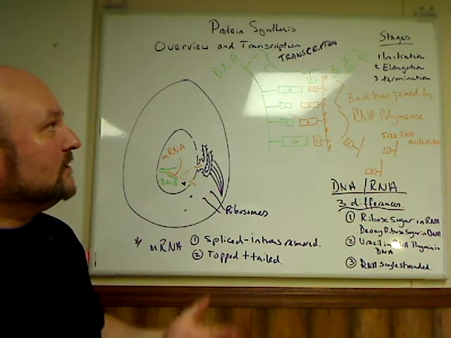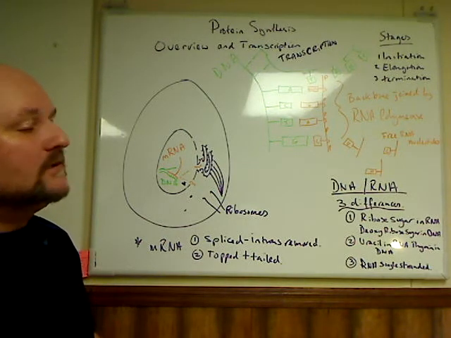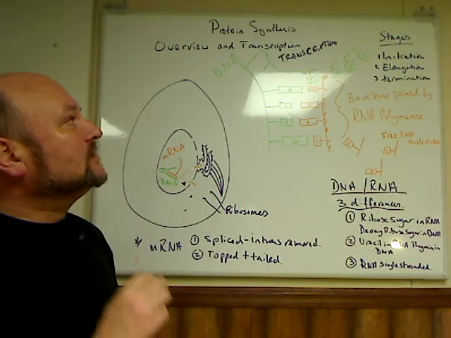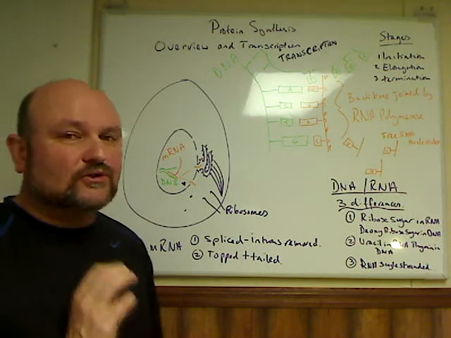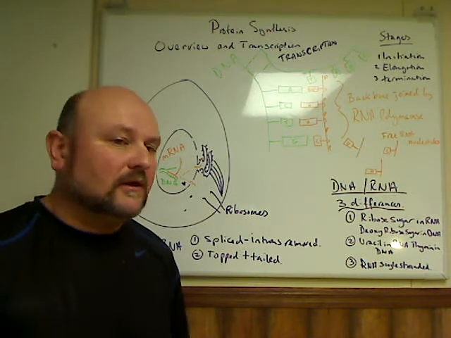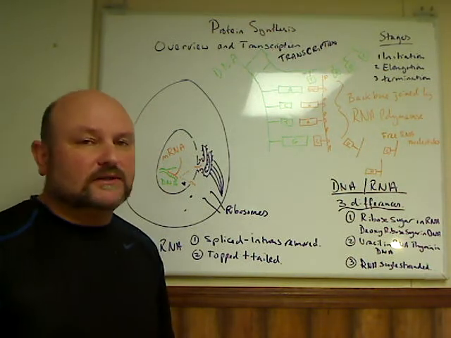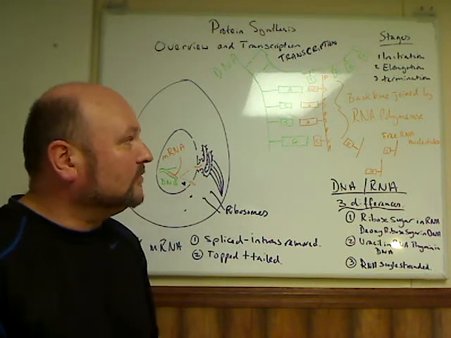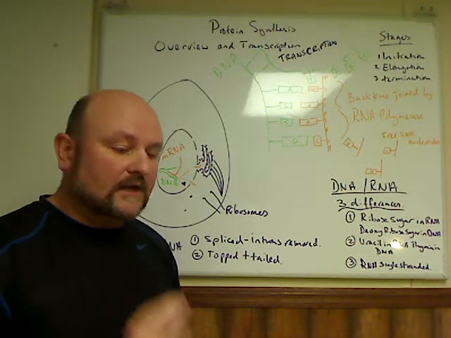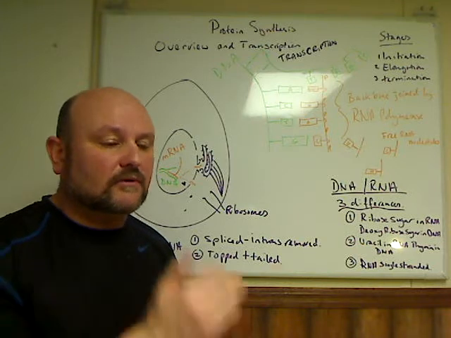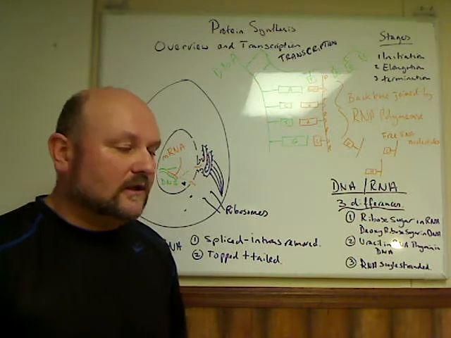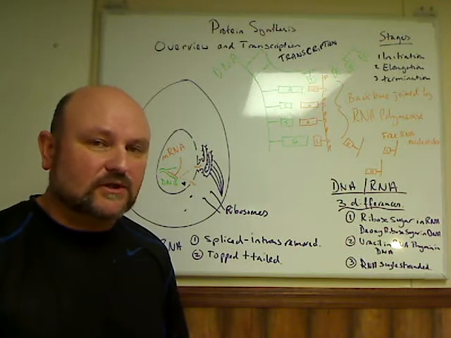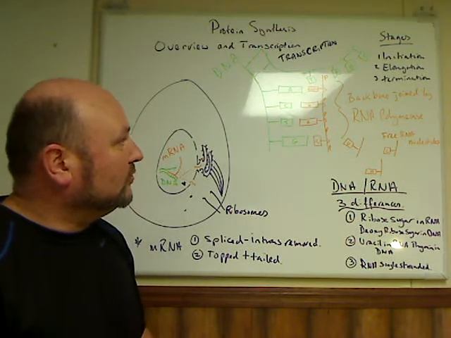So in transcription, the name tells you a lot about what's going to happen. When we script something or scribe it, we make a copy. So monks back in the 12th, 14th century, etc., before printing presses were available, would handwrite or transcribe out the Bible, so that these copies could be sent around to the various churches, etc., in Europe, for example.